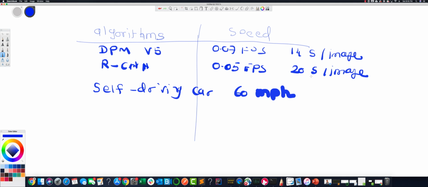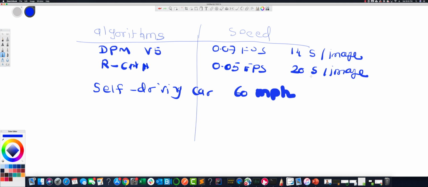So let's say you use the RCNN algorithm in a self-driving car. From the time it sees an object to detecting the object, whether it's a human or another car, it takes 20 seconds.